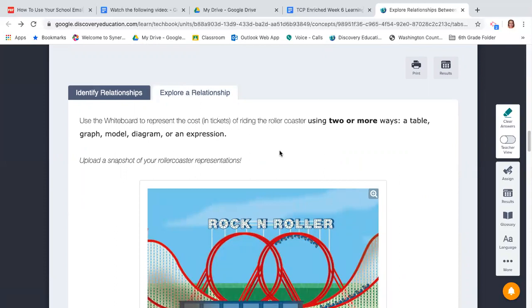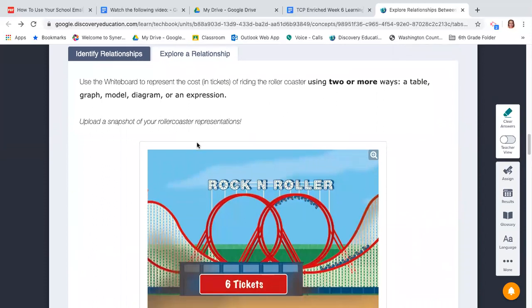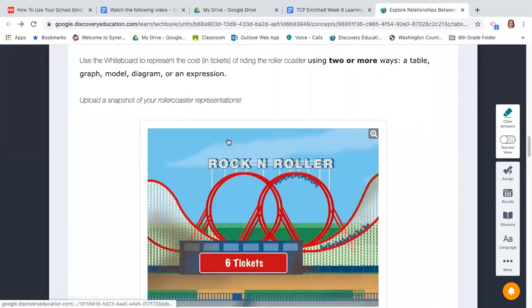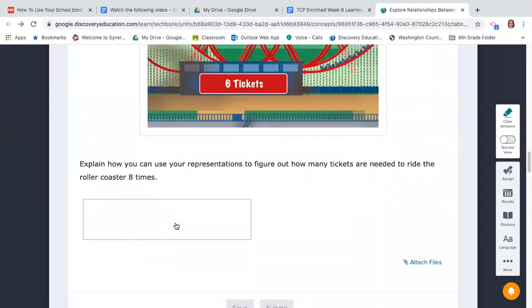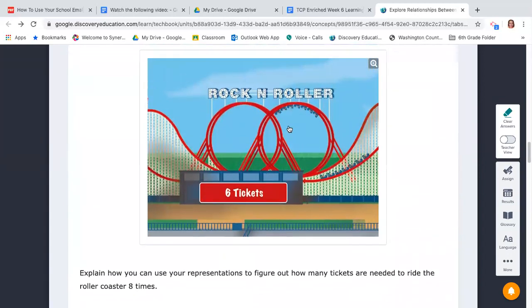Then the next one says explore a relationship. Use the whiteboard to represent the cost in tickets of riding the roller coaster using 2 or more ways. So you can create a table, a graph, a model, a diagram, or an expression. You are going to upload a snapshot of your roller coaster representations. So first you're going to explain how you can use your representations to figure out how many tickets are needed to ride the roller coaster 8 times.